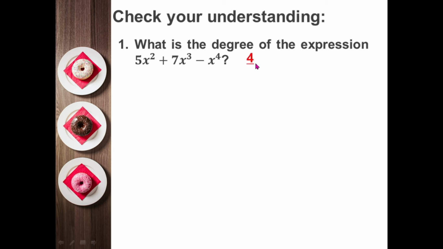Yes, it is 4. Take note, when we say degree of the expression or the degree of a function, it is the highest exponent. So since our variable x has a highest exponent of 4, that makes this expression have a degree of 4.